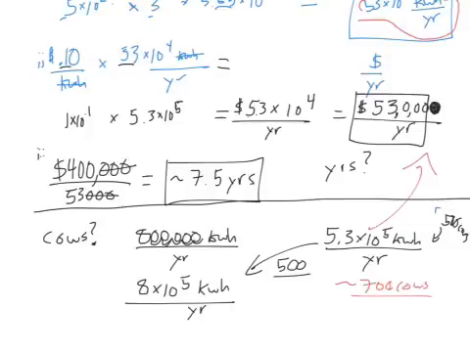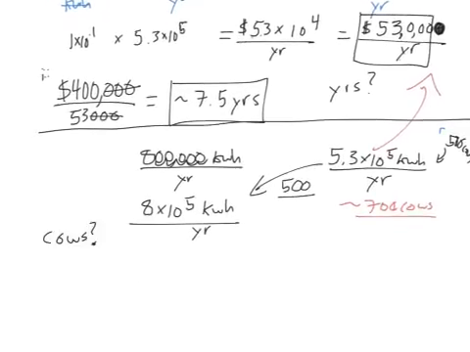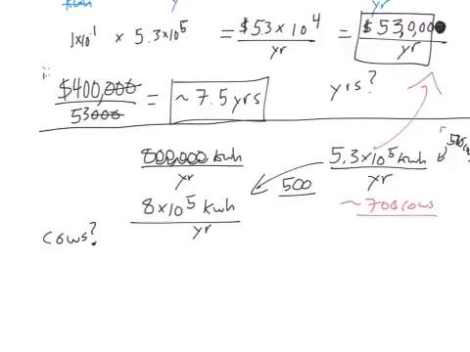But the AP exam wants to see that we know how to do some of this math, so let's get it out exactly by saying that one cow makes 3 kilowatt hours. But that was per day, so I have to then say, well, in a year, that would be 365 days per year.